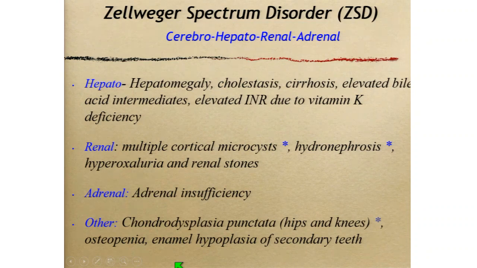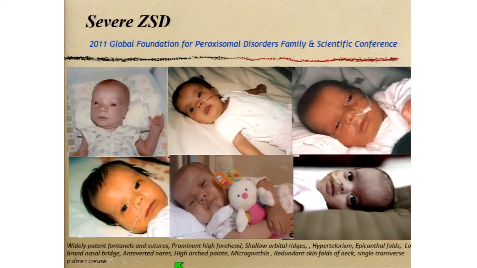Adrenal insufficiency can develop, and then the other manifestations besides in the Cerebro-Hepato-Renal-Adrenal axis would be chondrodysplasia punctata in the hips and knees, which would be a developmental malformation, osteopenia and enamel hypoplasia of the secondary teeth, which are progressive conditions.